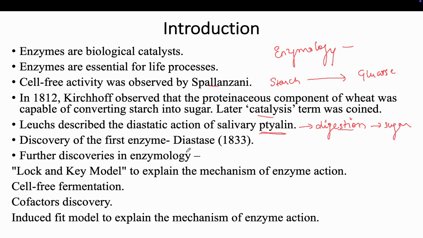The first enzyme which was discovered was diastase. They found this enzyme in bile juices from animals, and this enzyme is capable of digesting different macromolecules like starch or carbohydrate, proteins, and lipids.